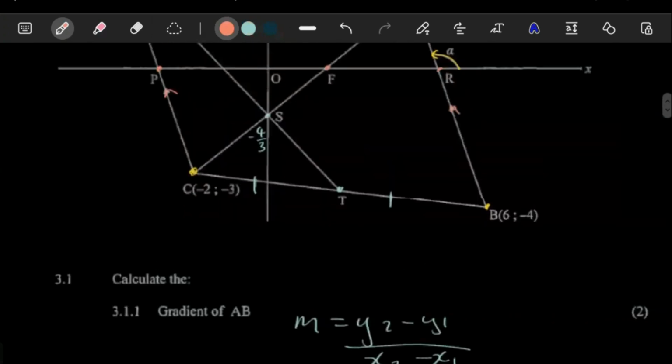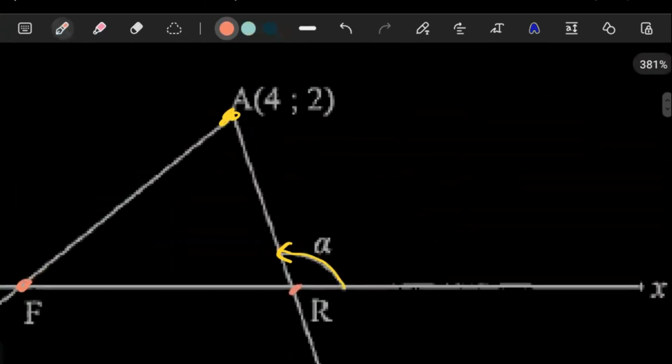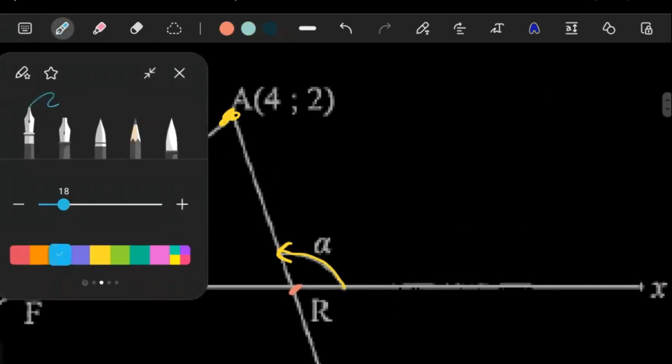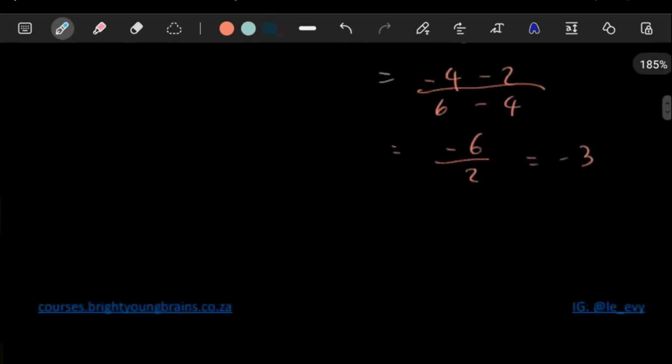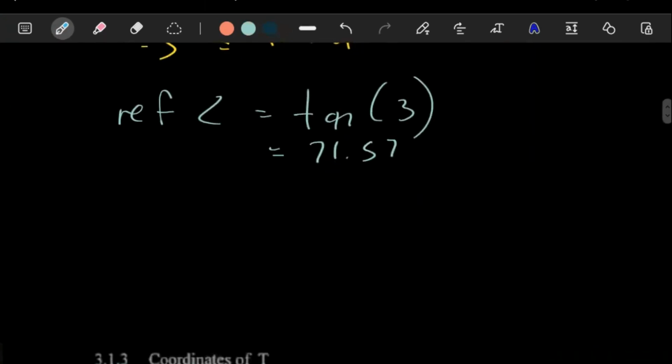Remember we said you have an acute angle somewhere and an obtuse angle. The reason for using a reference angle is that the acute angle is this side, and the obtuse angle is 180 minus this value. So alpha is going to be 180 degrees minus 71.57. 180 minus this answer is 108.43.